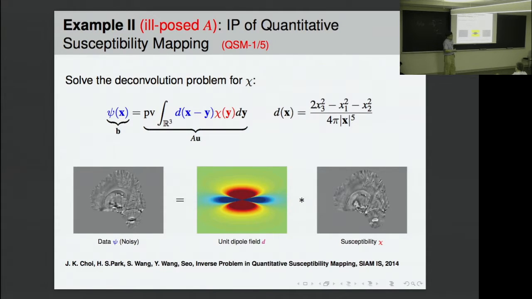Using that data, they try to diagnose Parkinson's disease or something like that. The physics is complicated, so I cut off all the physics, just mathematics. b is the data, somehow related to the perturbation of the magnetic field, and chi, the susceptibility, is somehow related to the iron content. You try to reconstruct it as a deconvolution problem.